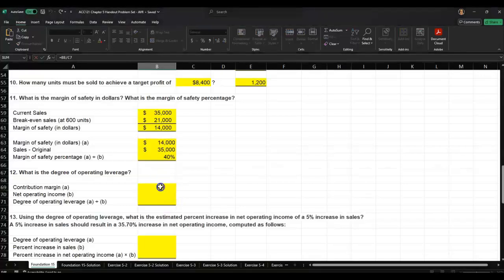When we're looking at what is the degree of operating leverage, we're effectively looking at the ratio between the contribution margin and the net operating income.